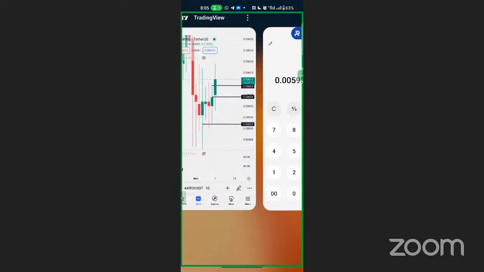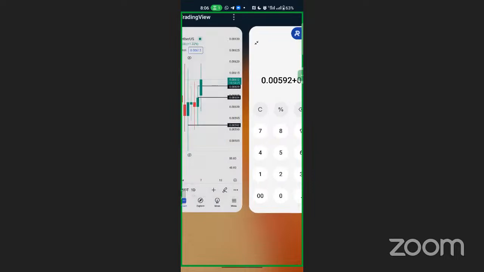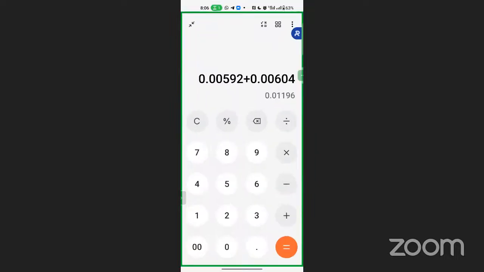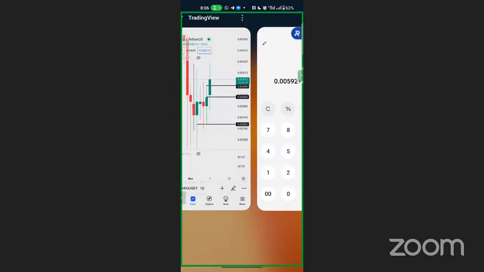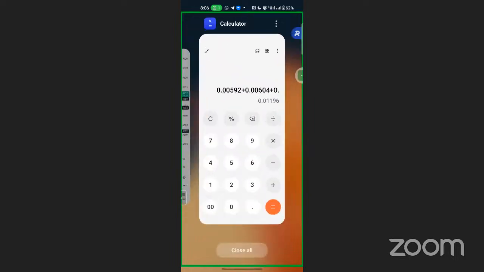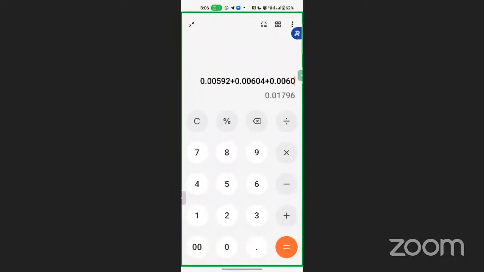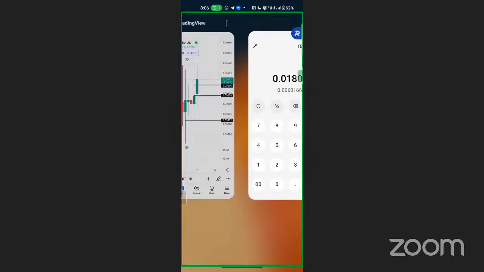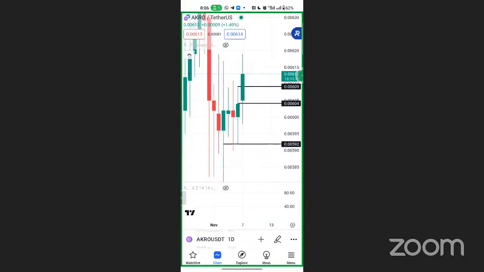Am I right? 0.00604 plus yesterday's high. I may not have been so perfect. That's why there will be some differences. 0.00609. So divide by 3 because we are getting an average, which is 0.00601. There will be a little difference because the high was not touched very well.